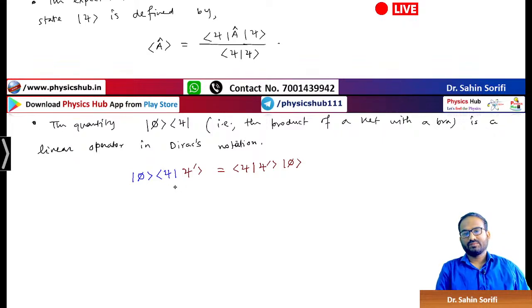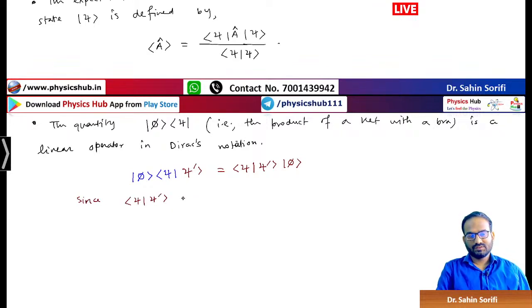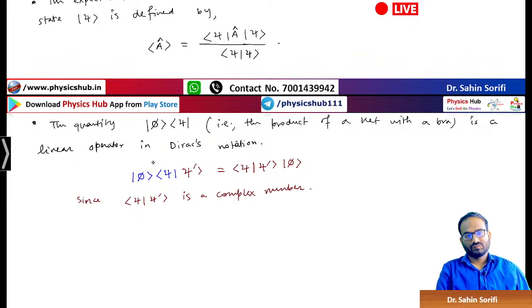This bra psi psi prime is a scalar product, so we can take it as a constant, and the ket phi was there, so you can see it is behaving like a linear operator. This scalar product gives you a complex number. So we can say that this product of a ket with a bra, this whole thing, is a linear operator.